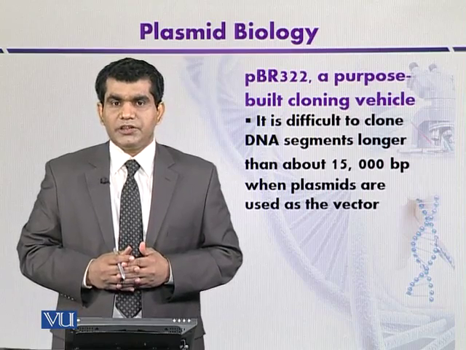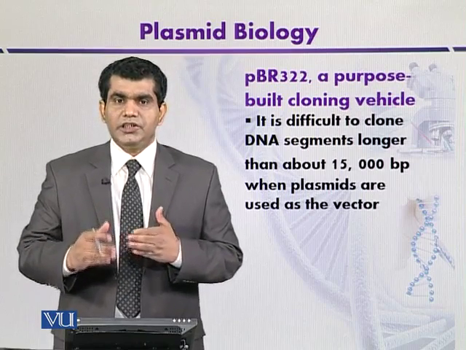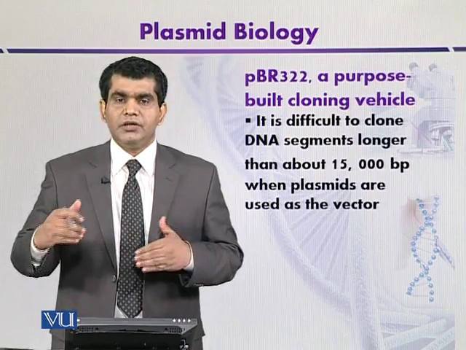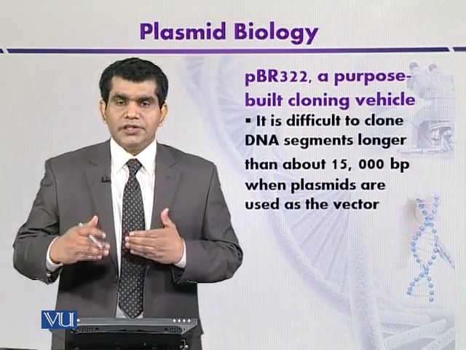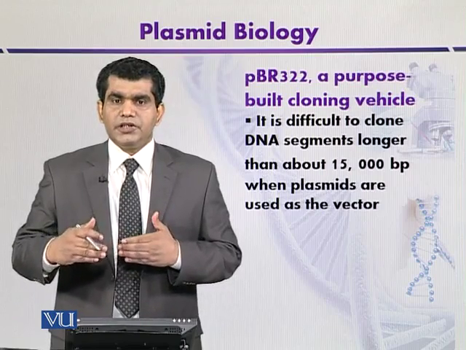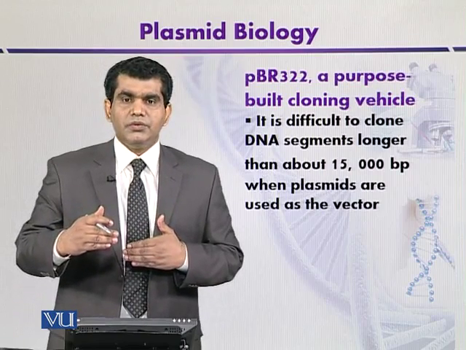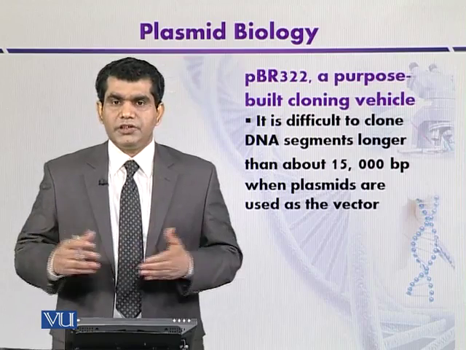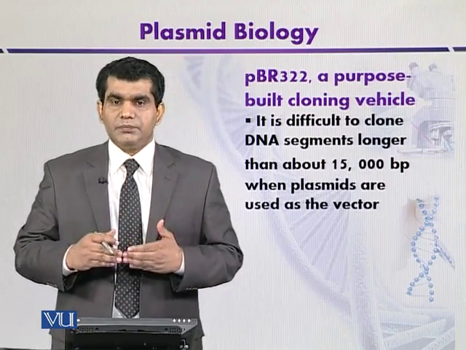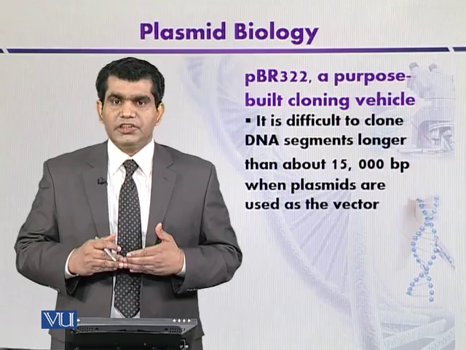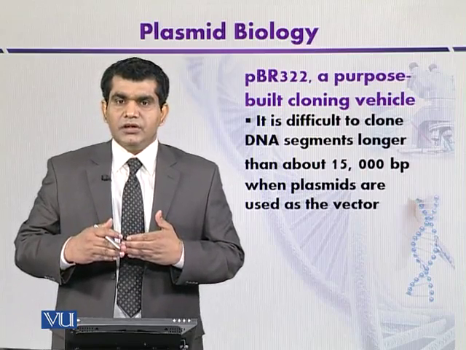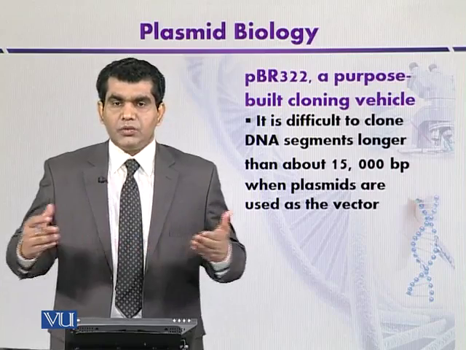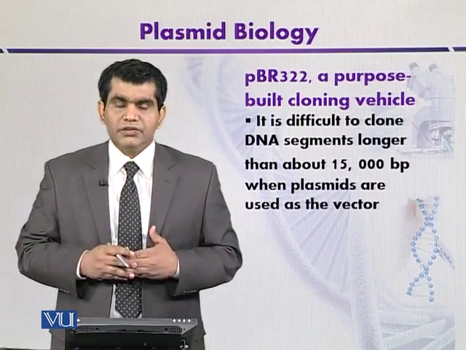It is often mentioned that the length should not exceed 10,000 base pairs or 10 kilobases, because when the length increases from 10 kilobases to 15,000 bases or 15 kilobases, the instability of the plasmid will increase. Instability means that it will not segregate equally into the daughter cells during the course of cell division.